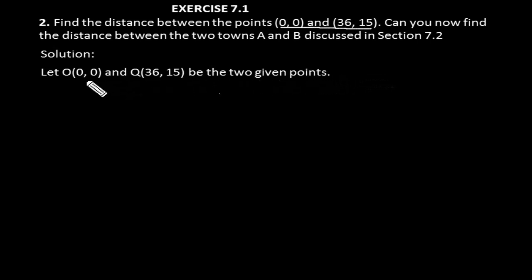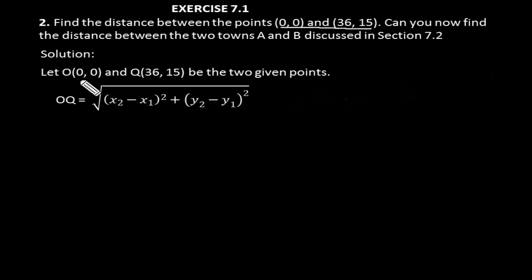Now we have to find the distance. So I am going to write the distance formula. What is the distance formula? Distance between 2 points: OQ is equal to square root of (x2 minus x1) whole square plus (y2 minus y1) whole square.